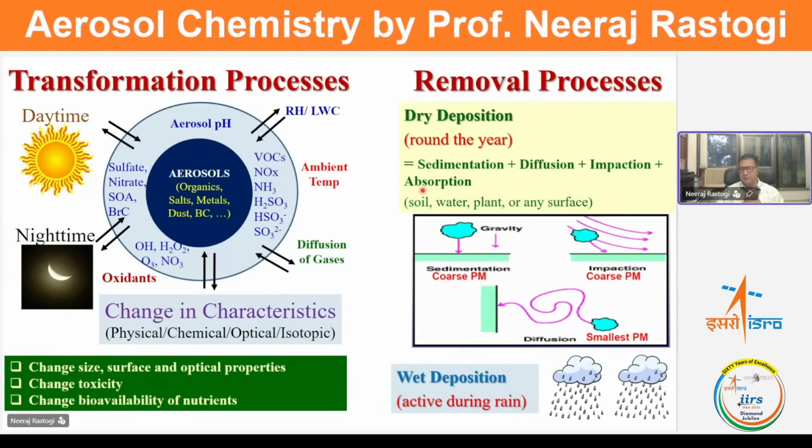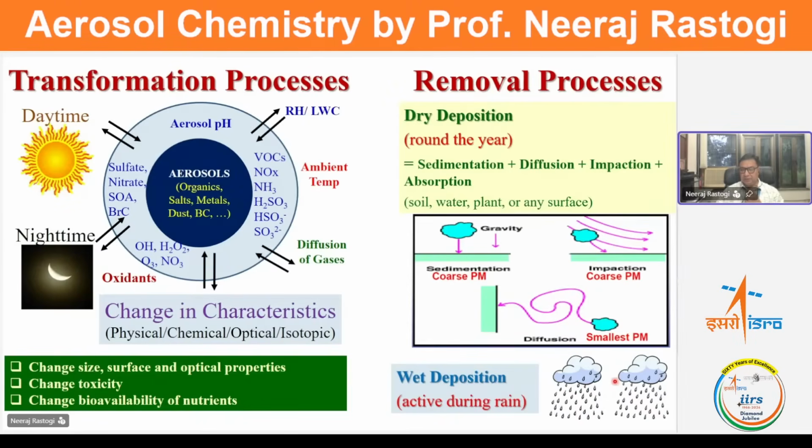Many of you would have seen at home, say your home is on the 10th or 12th floor of a building, but still you see dust on different objects in your house. They are all aerosols, and following this process, they are getting deposited on those surfaces. In addition to dry deposition, there is wet deposition, which is the major removal pathway and is active during rain.